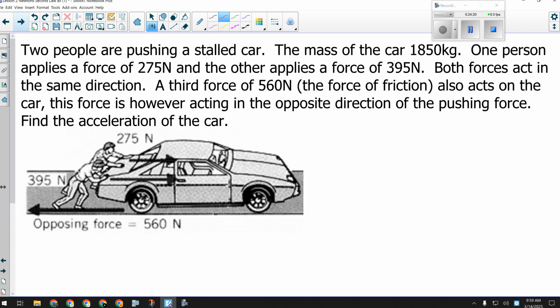Now, in this situation, we're just talking about the people pushing the car and any other forces that might be present. So let's imagine we're in a parking lot that's perfectly flat. We're pushing the car. We draw a free body diagram of that car. How many forces are acting on it?